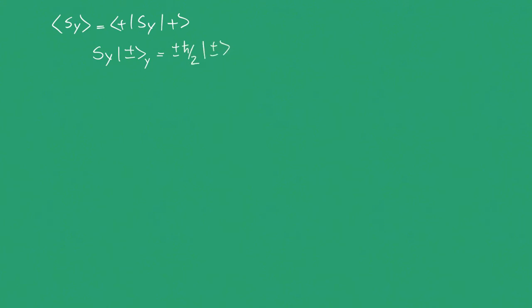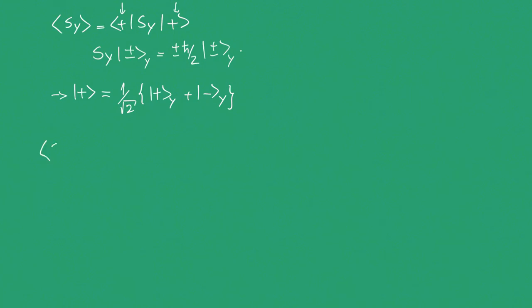The ket plus, our given quantum state, in the basis of the operator Sy is 1 over square root of 2 times ket plus subscript y plus ket minus subscript y. We can just take the complex conjugate of this ket and insert it here and put this ket right here and perform this calculation as I did before.